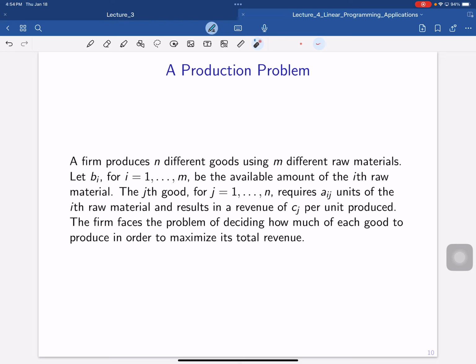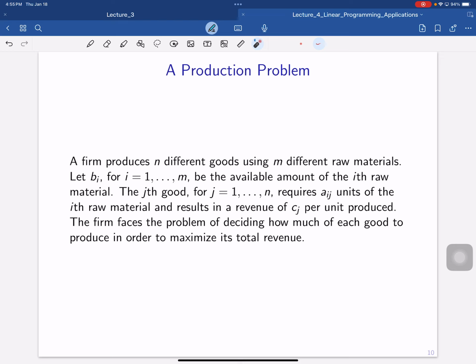If you want to produce the j-th good, it will require aij units of raw material i, and results in a revenue of cj per unit produced, right? And the firm faces a problem of deciding how much of each good to produce in order to maximize its total revenue. Okay. So you will see a lot of those planning problems across different industries, right?